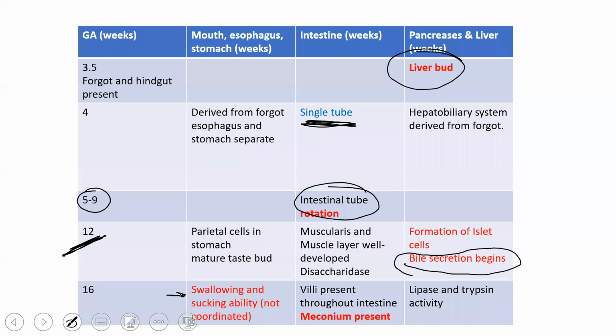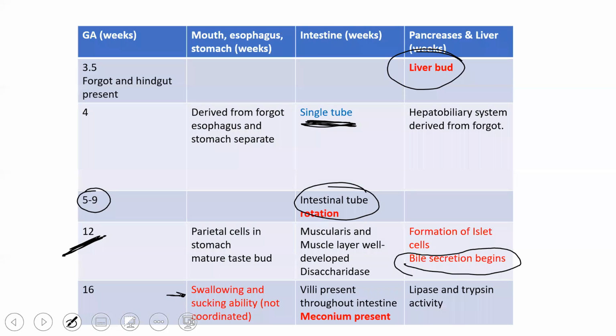Link it to meconium, which starts appearing around that time.